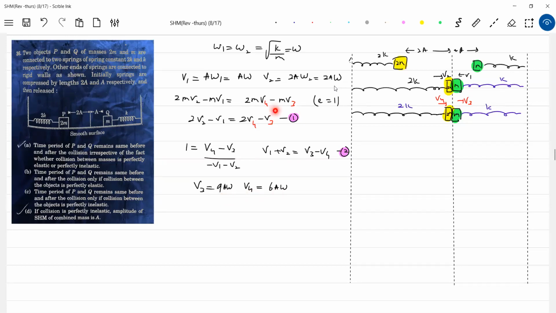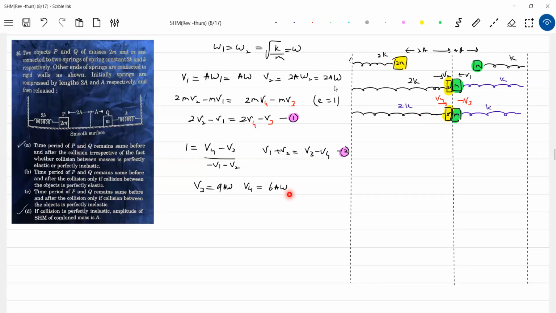Symbols correct, no? 2M, MV3. Yeah, fine. V4 minus V3. After collision, this will have more speed and they lose contact. So again the time period will be same. So this is about elastic collision.